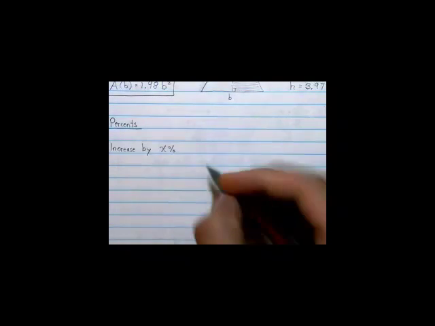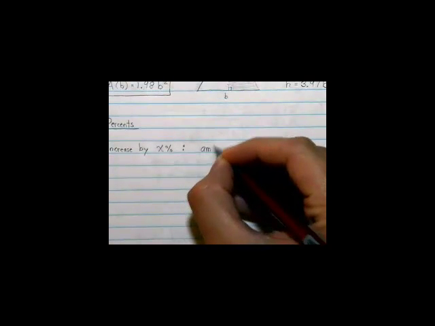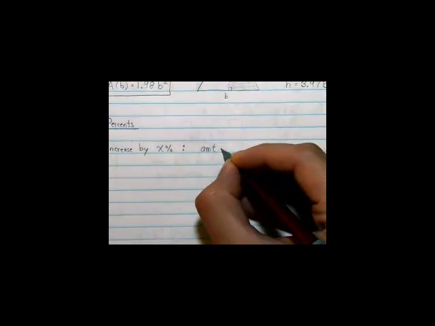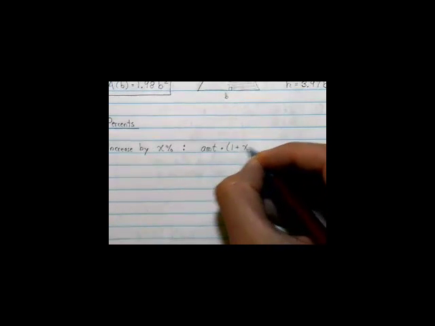What do you do to the amount you have right now if you know that it's going to increase by a certain percentage? What do you actually multiply it by? Exactly. It's always 1 plus whatever that percentage is. Okay? So to do that, you're going to take the amount and then multiply it by 1 plus the X percent.